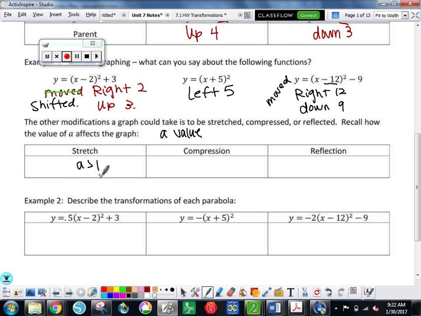And I'm not looking at the negative at all, I'm just looking at the number. If it's been compressed, that means A has to be between 0 and 1. For the reflection, A is negative.